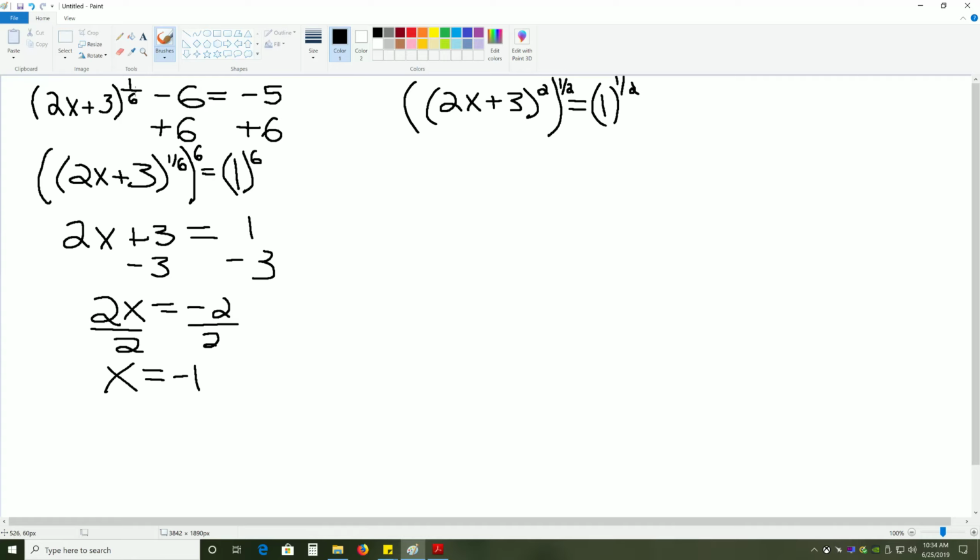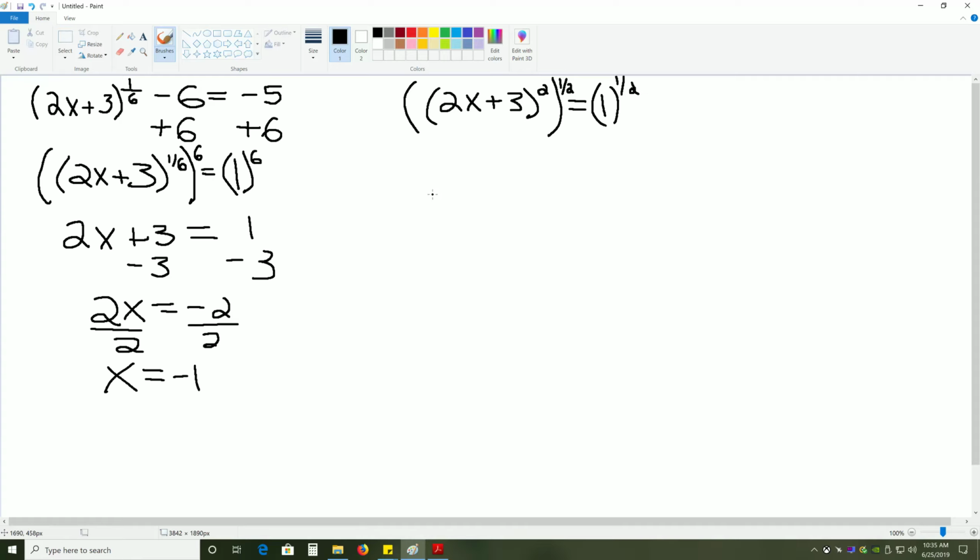But because we started with an exponent of 1/6, or 1 over any even power, so 1/2, 1/4, 1/6, 1/8, and so on, we have to check our original solution. If it is odd, you do not have to check it, but when it is even in the denominator, it changes what values are allowed. So we have to go through this.